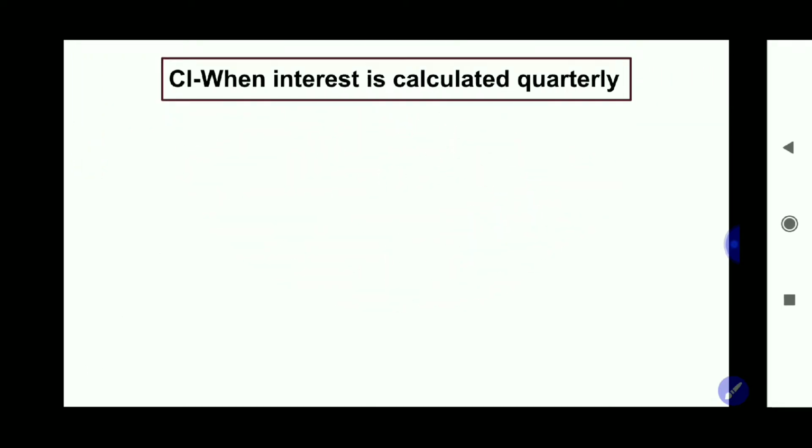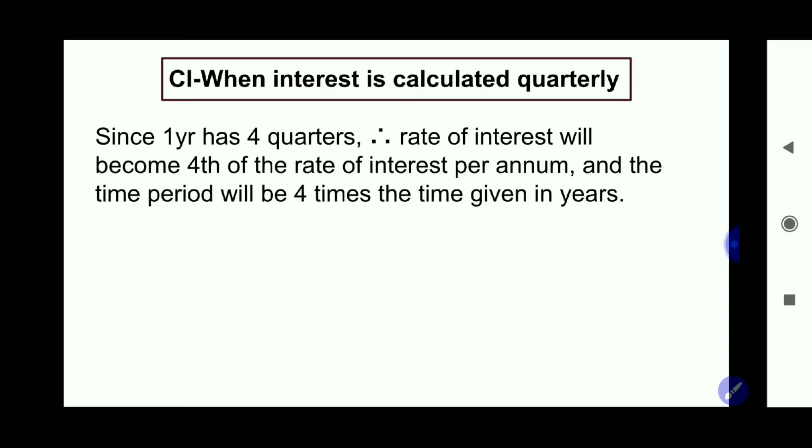Dear students, compound interest, when interest is calculated quarterly, that means since 1 year has 4 quarters, therefore the rate of interest will become one fourth of the rate of interest per annum, and the time period will be 4 times the time given in years.